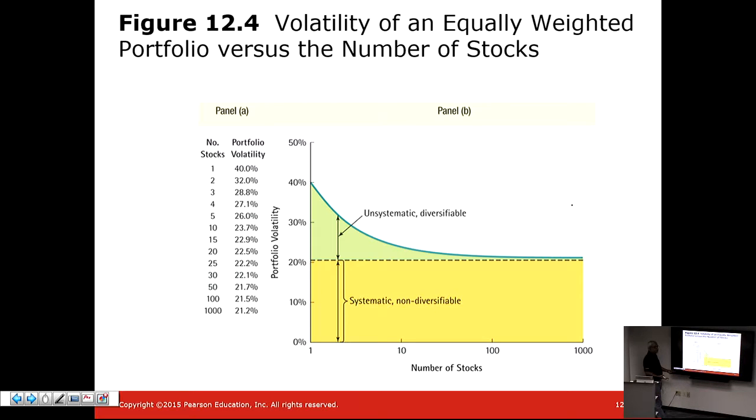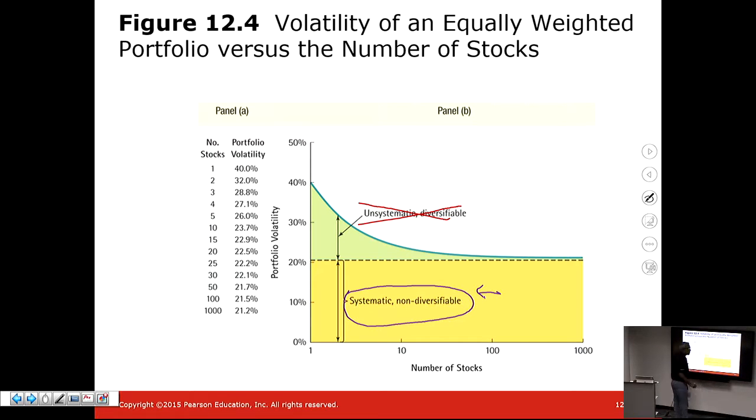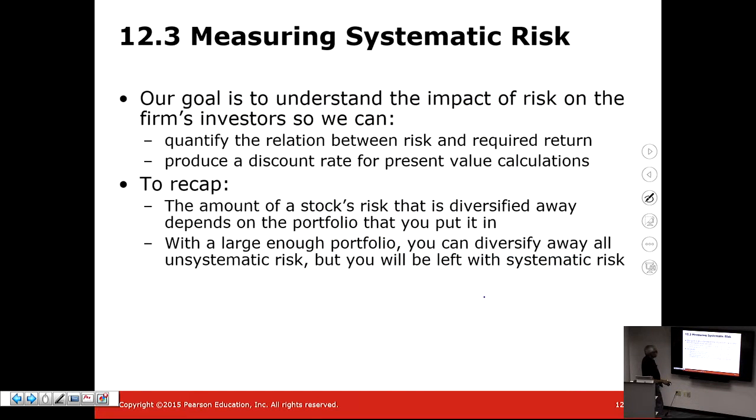So if I'm an investor, what risk should I expect compensation for? I should expect compensation for this risk. What risk should I not expect compensation for? I should not expect compensation for this risk. It's not material because I can simply get rid of it by adding more and more stocks to my portfolio. So if I'm going to get compensation for this market risk, then I have to know how to measure that risk. So let's talk about how to measure that market risk.